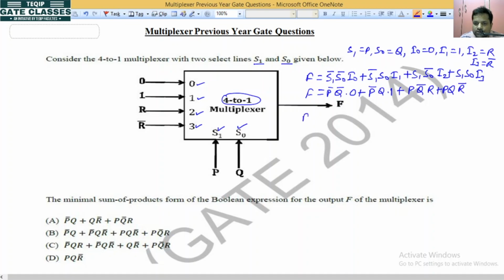So the function f will be P bar Q, because the first term is 0, plus P Q bar R plus P Q R bar.